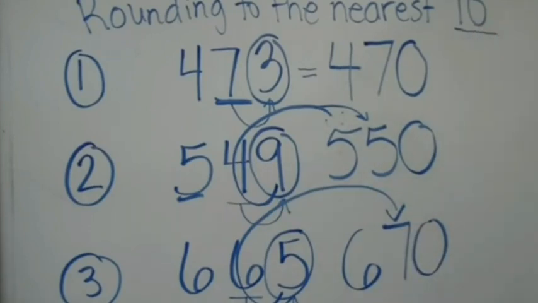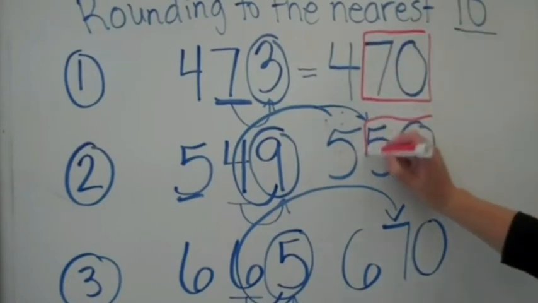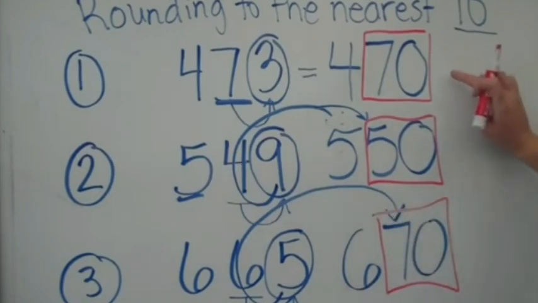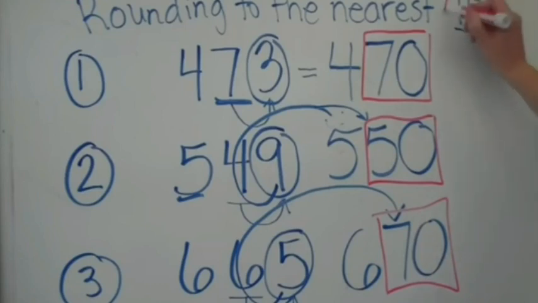You're rounding to the nearest 10, and if you look here, when I count by tens, I say these numbers. 70, 50, 70. They're tens. I'm rounding to the nearest 10. My hundreds are staying the same. I'm not looking at them.